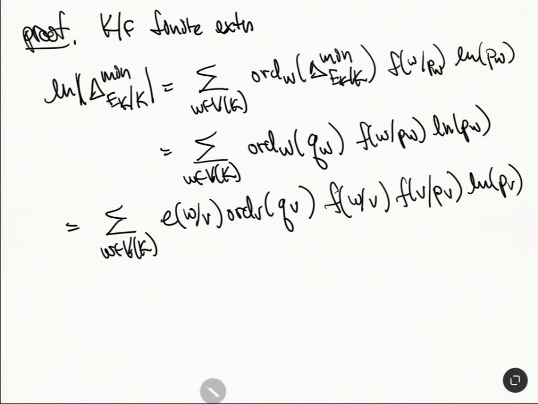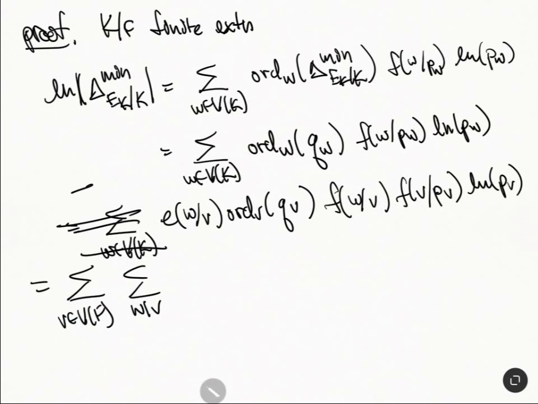And I guess we could break up the sum a little bit. Let's write the sum as W dividing V, and then V in V_F. So that's this whole thing. We have this double sum here, the same double sum as down here. I'm just being lazy.